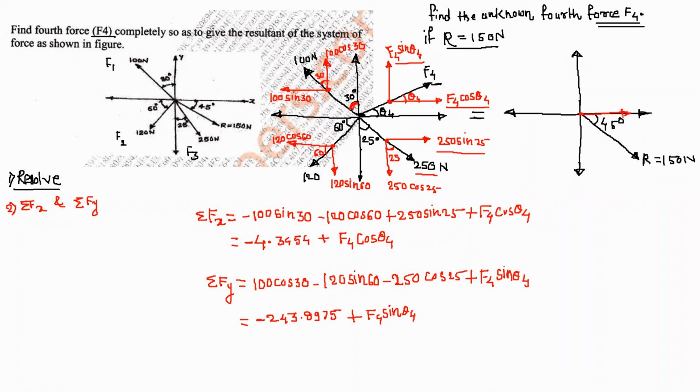So this is the x component of resultant, that is the Rx, which is equal to 150 cos 45. This is the y component of resultant, that is Ry, which is equal to 150 sin 45. And we know that Rx is equal to summation Fx and Ry is nothing but the summation Fy.